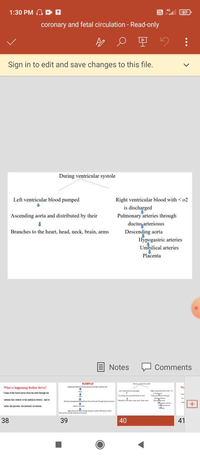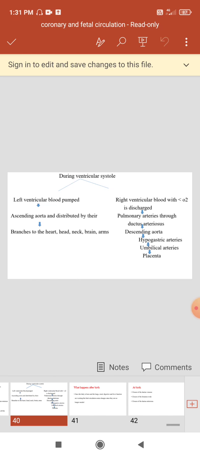On the left side, it is pumped to the vital organs like the brain, heart, arms and head. On the right side, the less oxygenated blood is discharged, reaches the pulmonary artery and, through the ductus arteriosus, the descending aorta, then the hypogastric arteries, and finally reaches the placenta through the umbilical arteries. This is about the fetal circulation.